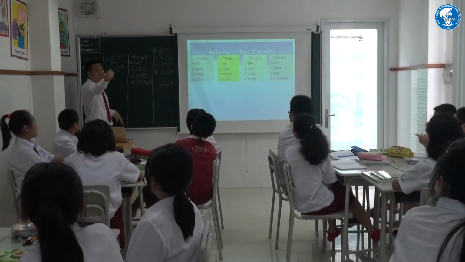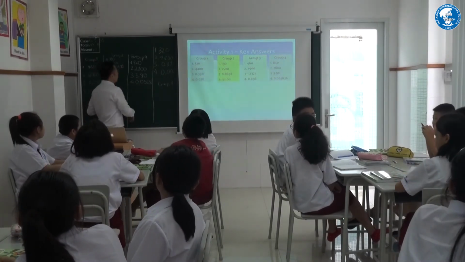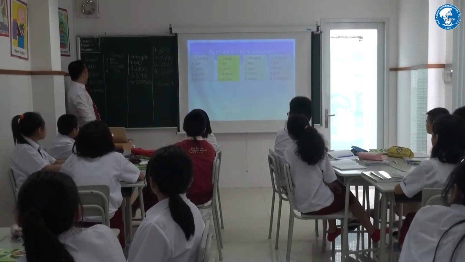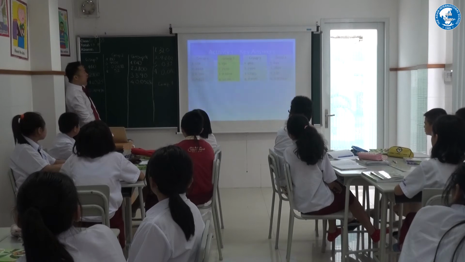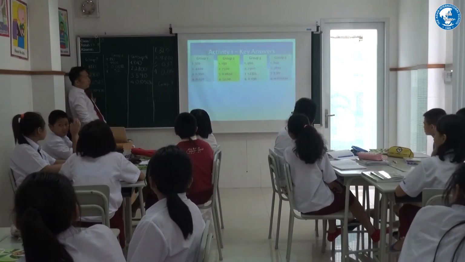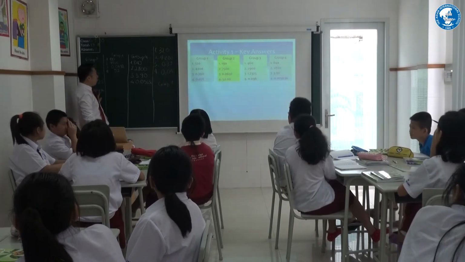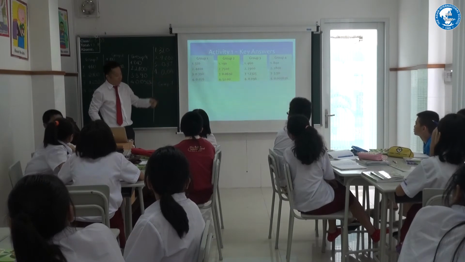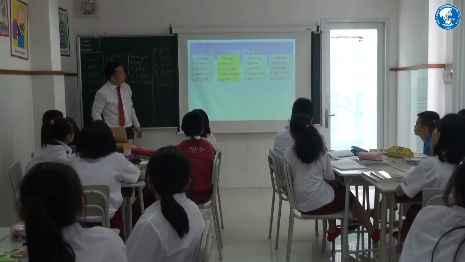Alright, how about group number 3? Where's group number 3? Their answers are 460, 29,000 or 2,900, 1.2325, 0.00496. Oh, that's an error. It should be 4, right? It should be 4.